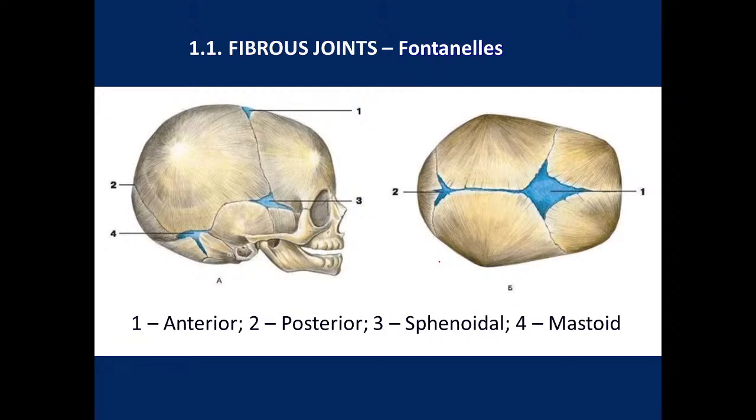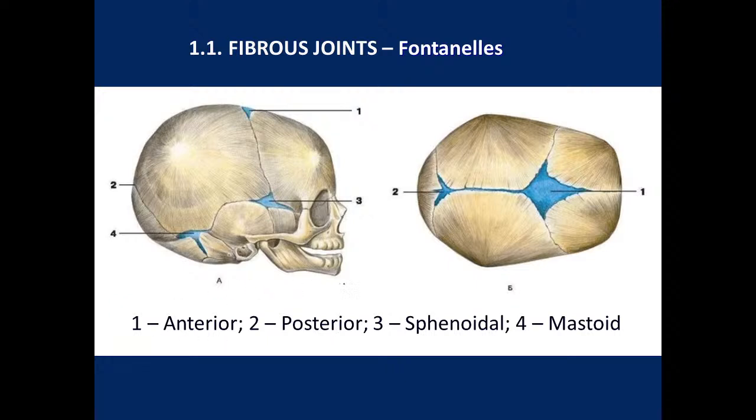The next group of the fibrous joints we call fontanelles. Fontanelles are like membranes. They exist between the bones of the newborn skull, as you see here.